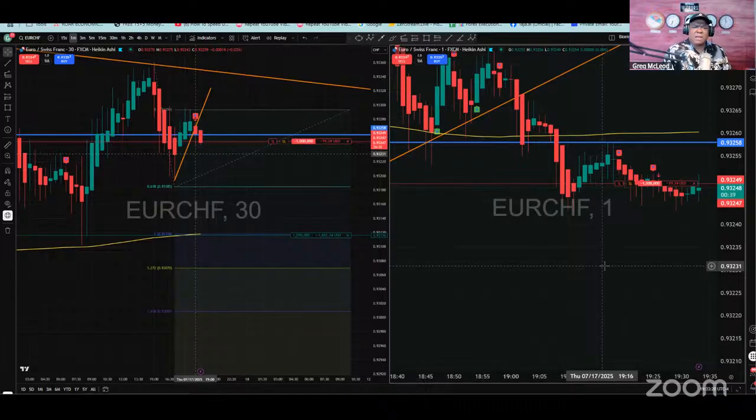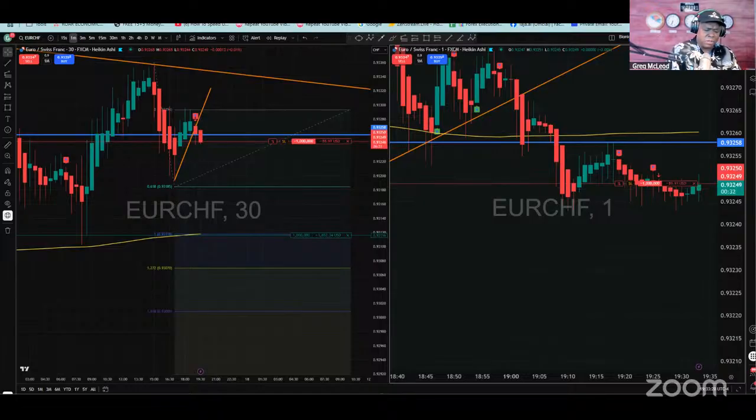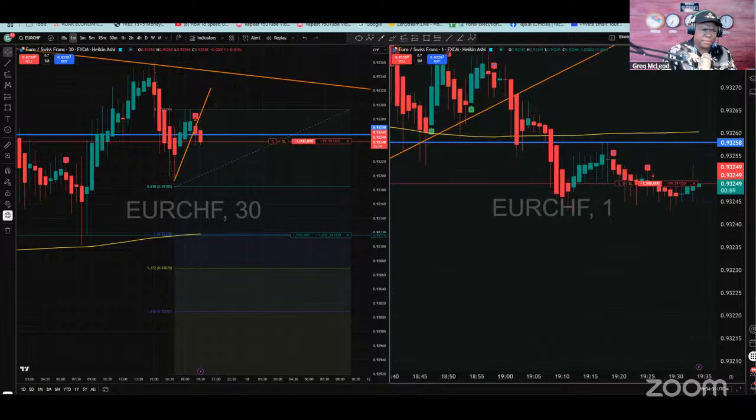Okay. Candles are pumping. We're getting a wick up there. 93.24.